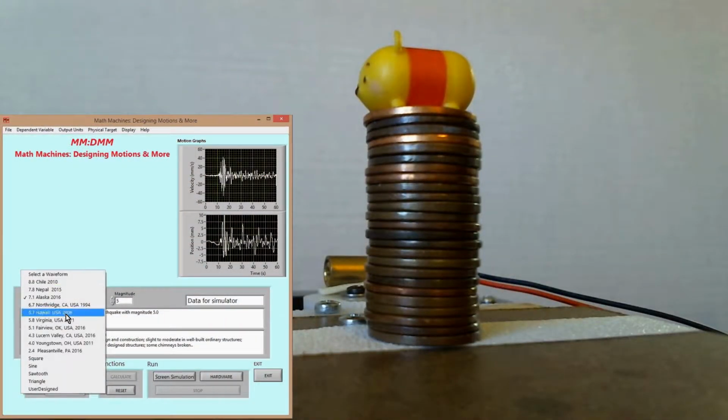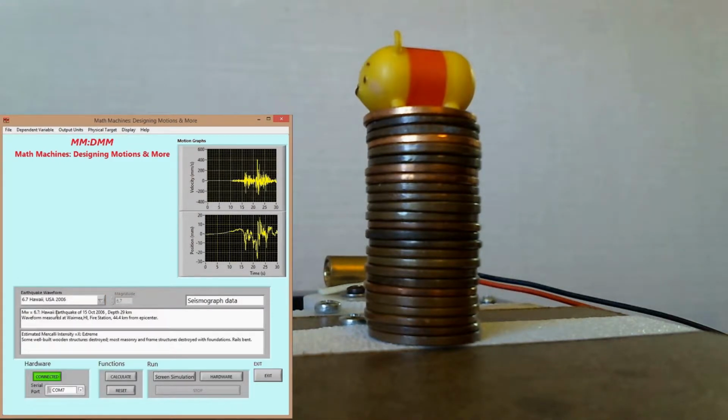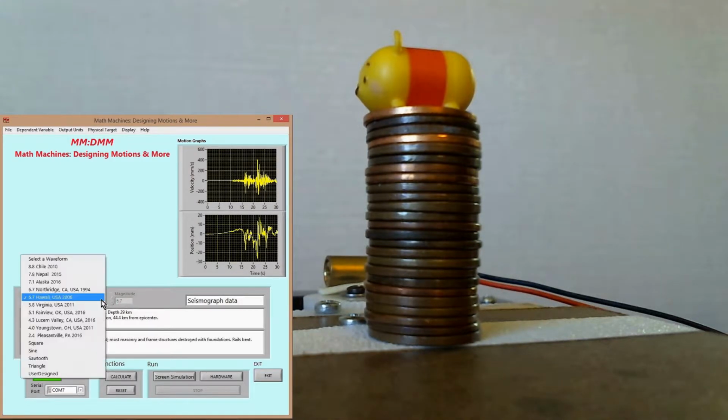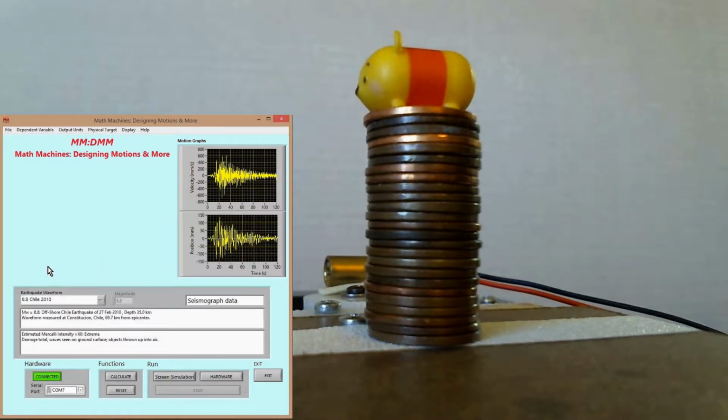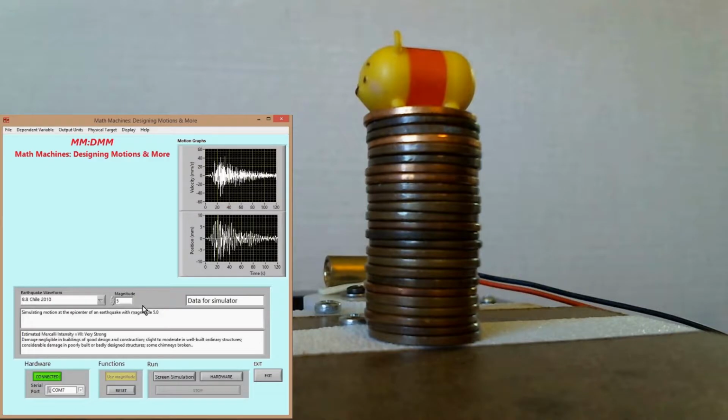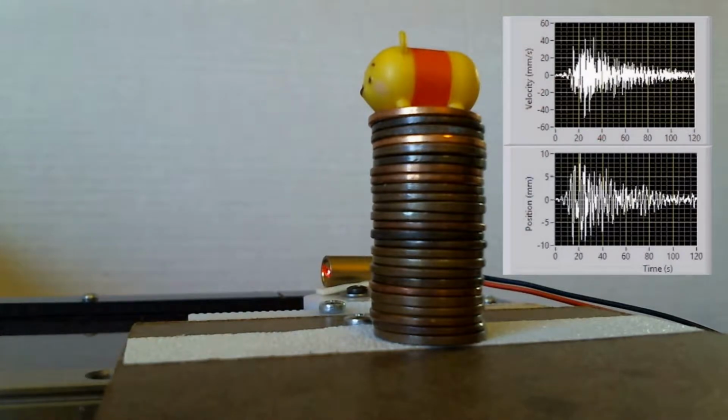We can try data from other earthquakes, such as one related to volcanic activity in Hawaii in 2006, but in our effort to knock Pooh off his perch, let's jump straight to one of the biggest magnitude quakes ever recorded, a magnitude 8.8 earthquake which occurred off the coast of Chile in 2010. Since we are looking at the nature of the vibrations, not the amplitude, we again scale this quake back to have a maximum amplitude of 10 millimeters, corresponding to a magnitude 5 quake.